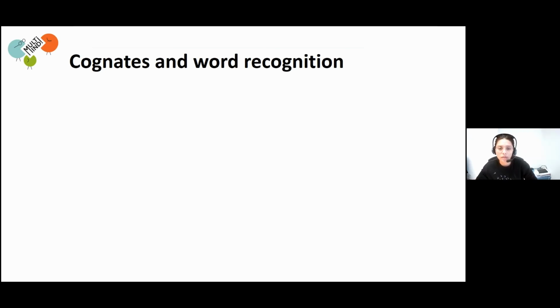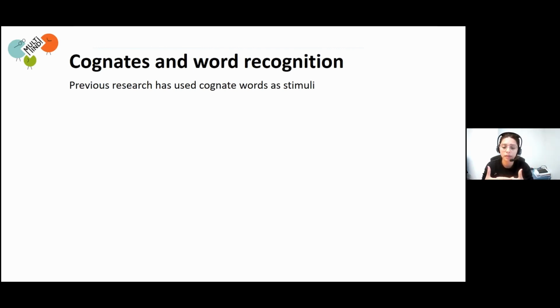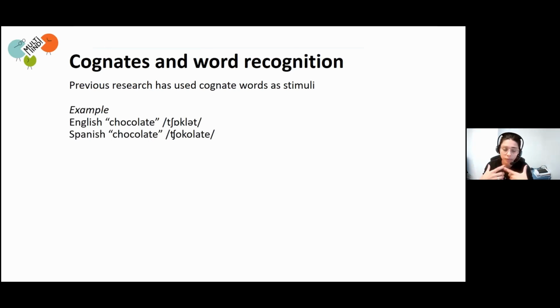However, most of the research done on phonological coactivation in toddlers and young children has been using cognates to study these effects. And the problem of using cognates to study these effects of phonological coactivation and word recognition is that the cognate word sounds really similar across languages. For example, the word chocolate in English and the Spanish translation, which is chocolate.